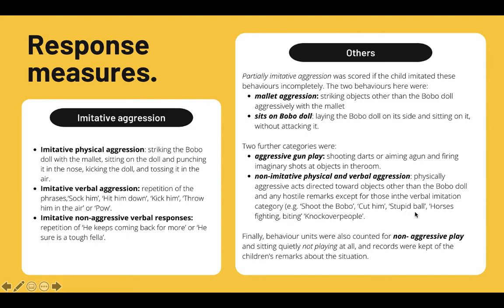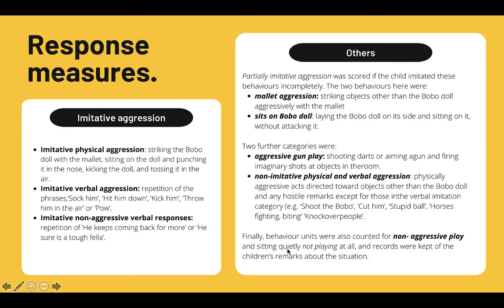These are the things that the kids say, by the way, guys. What happens here is that these are the aggressions that they didn't imitate. This is the aggression that they come up with themselves. So that's why it's non-imitative aggression. Okay, so this is aggressive behavior that they didn't imitate. They come up with it on their own.